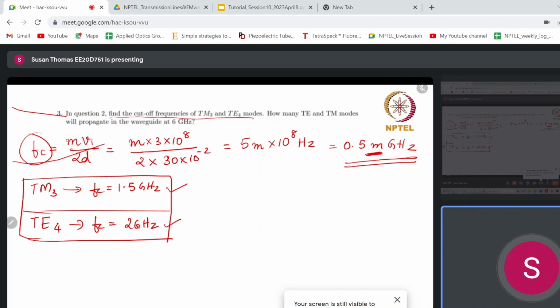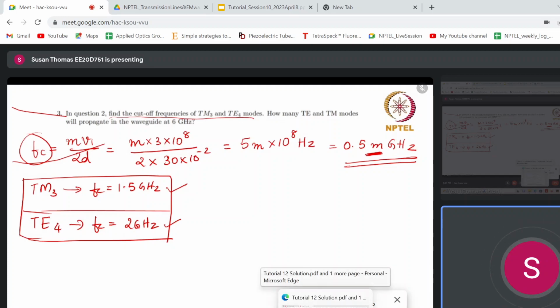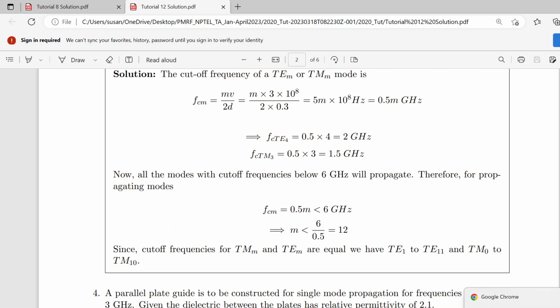The first part of this question is now answered. Once you know the mode number, it is easy. You must know the plate separation, and you must also know whether it is air filled or not. If it's air filled, we can directly write the velocity as 3 into 10 power 8 meters per second. That's how we found the cutoff frequencies of the TM3 and TE4 modes.